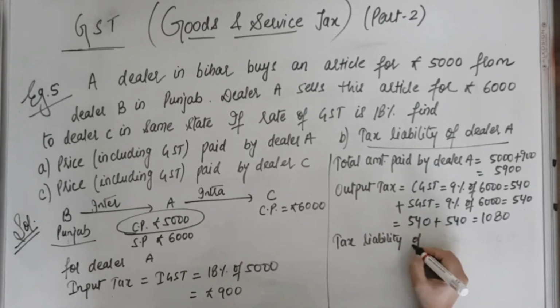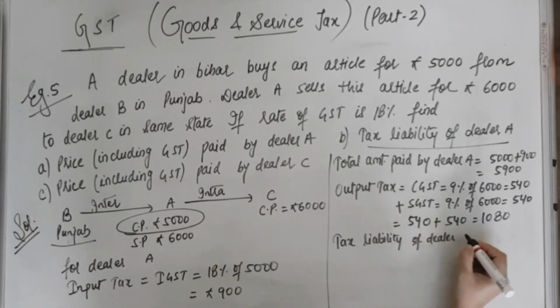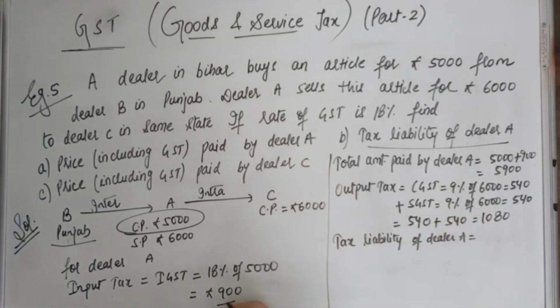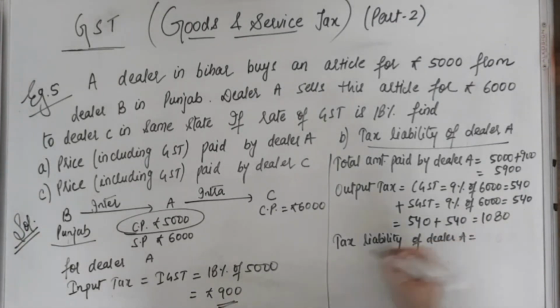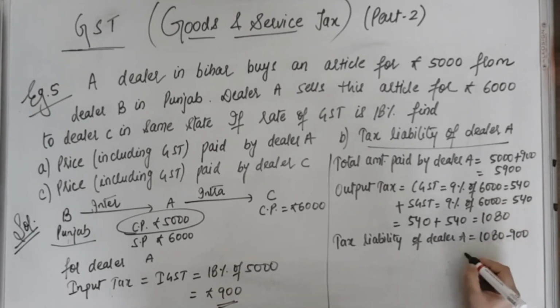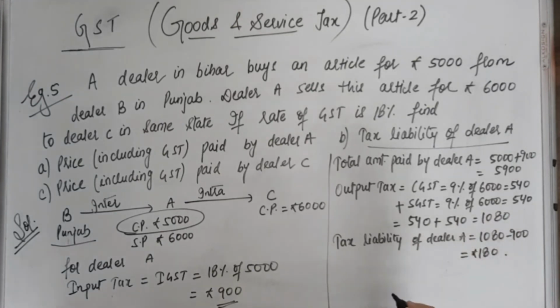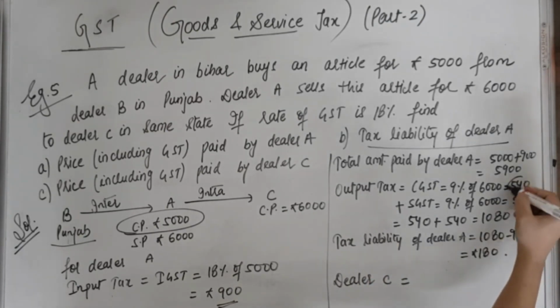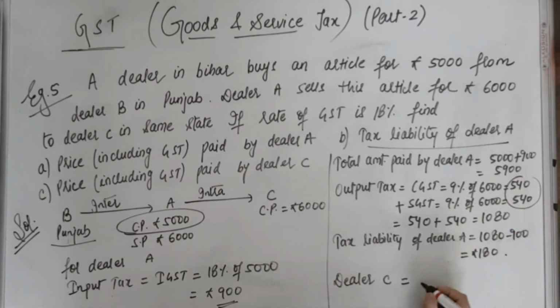So tax liability of dealer A, because 900 he has already paid, is output tax minus input tax, 1080 minus 900. So this will be 10 minus 9, 180 rupees he has to pay as a tax. Now at what amount dealer C purchased? Dealer C also paid this tax 1080.